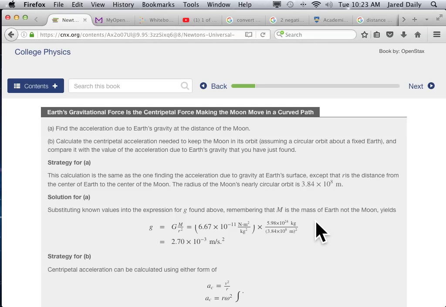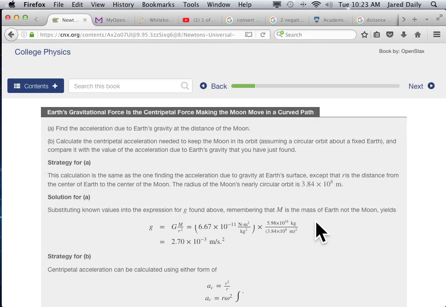And we want to find, let's see, part A is find the acceleration at the distance of the moon. So the acceleration from Earth's gravity at the distance of the moon is just the g at that point. They're calling it g. I don't like to call it g, but they are calling it g anyway. So they're just dividing out the mass of the moon on both sides of the equation.